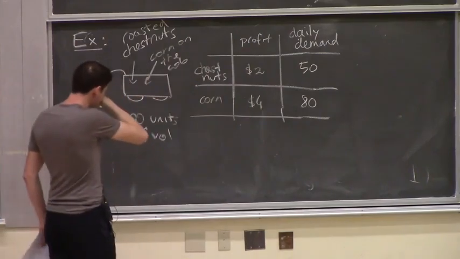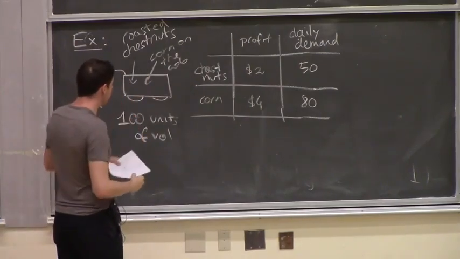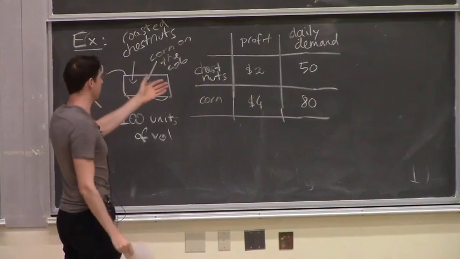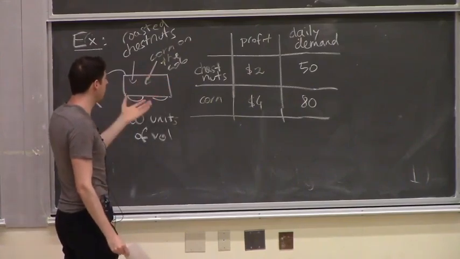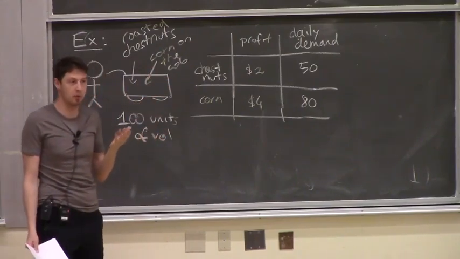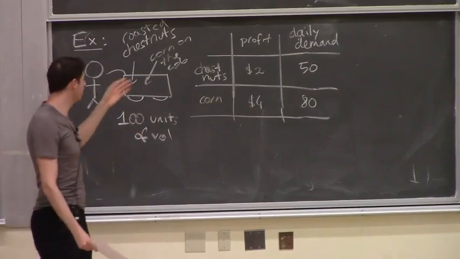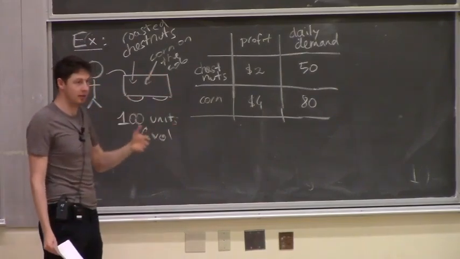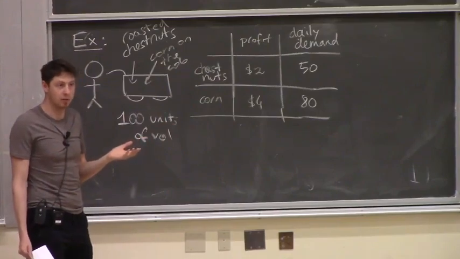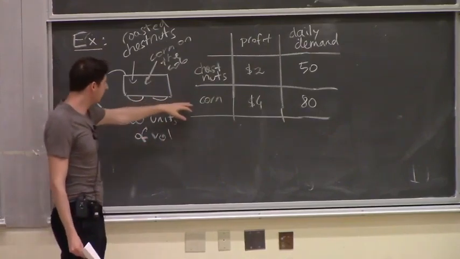Okay? And obviously, if you bring more than 50 boxes of chestnuts, you probably won't be able to sell all of them. If you bring fewer than 50 boxes, it means that likely you'll be able to sell all of them, and likewise for the corn.